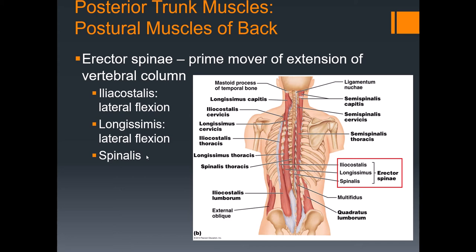So when you take your arm and put it over your head to the side, that is lateral flexion. And at least two of the three erector spinae muscles also help with that. But erector spinae, erect spine, prime mover of vertebral column extension, so you can stand up straight.